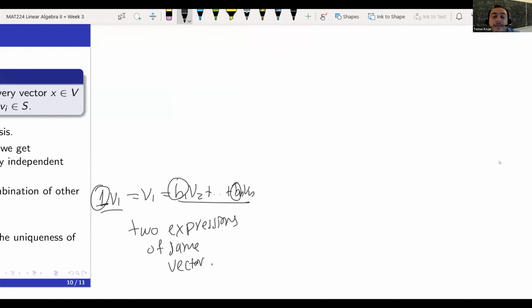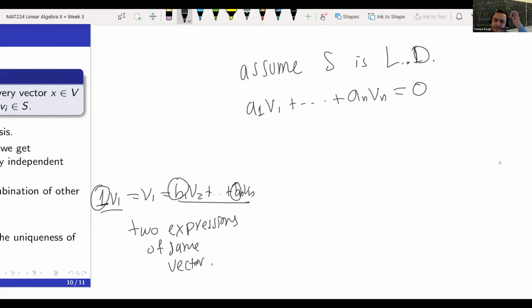So assume S is linearly dependent. Then what do you have? You have a1 v1 plus all the way to an vn is equal to 0, the zero element of the vector space.